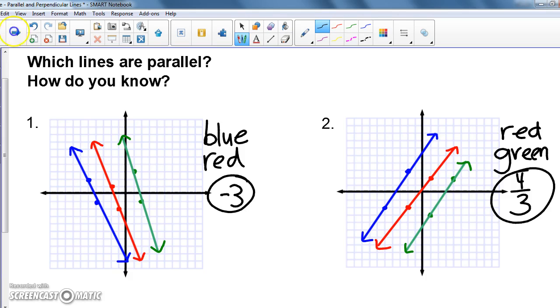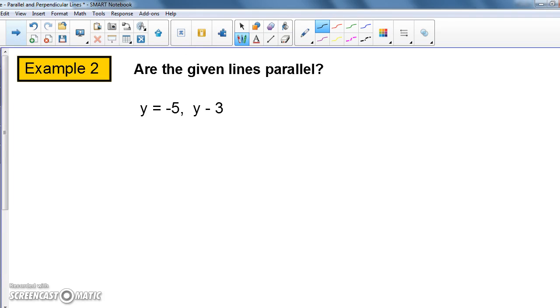Okay, let's look at one other kind of problem for parallel lines. This one says, are the given lines parallel? So you may remember we've talked about horizontal and vertical lines. When you look at these lines here, this should be an equal sign, sorry. When you look at these lines here, remember that any line that says y equals is a horizontal line.